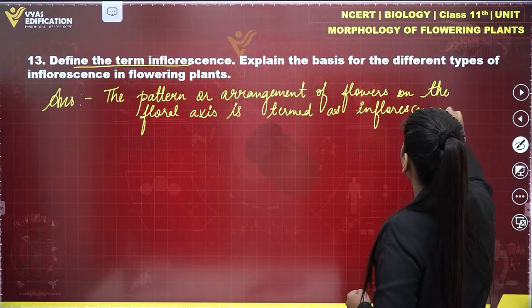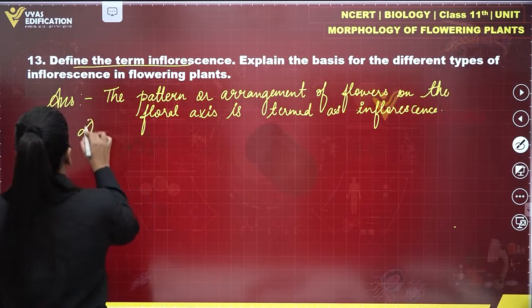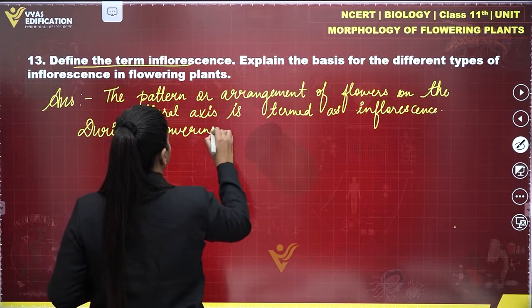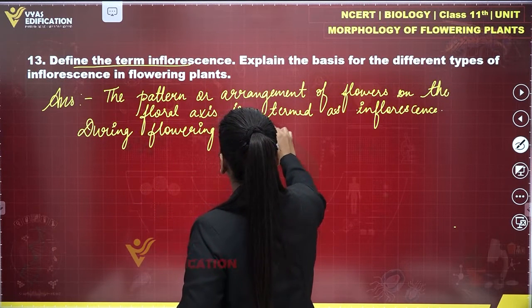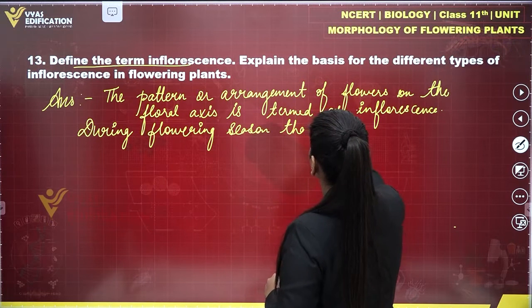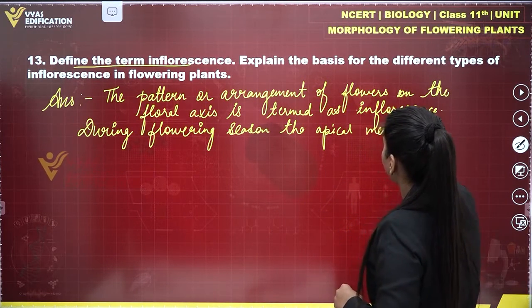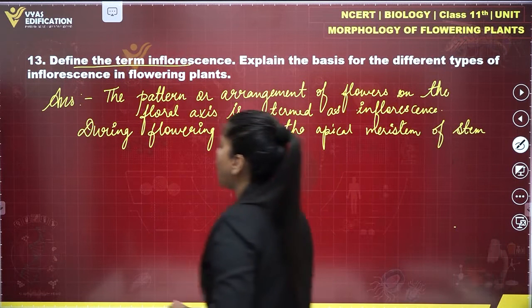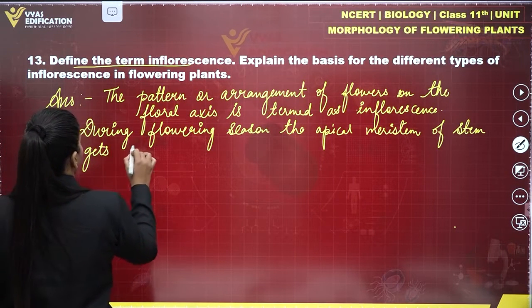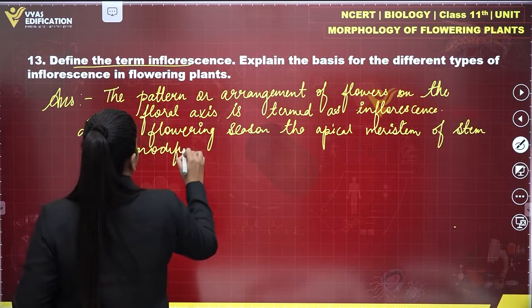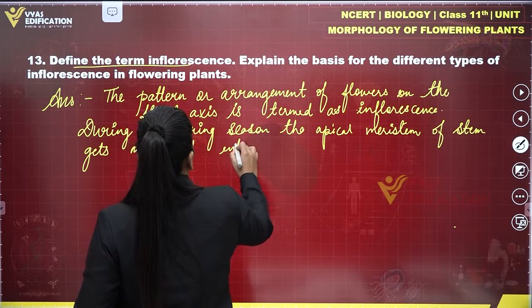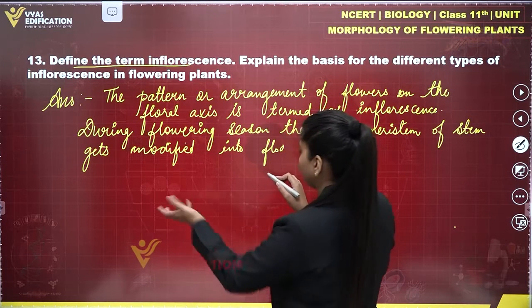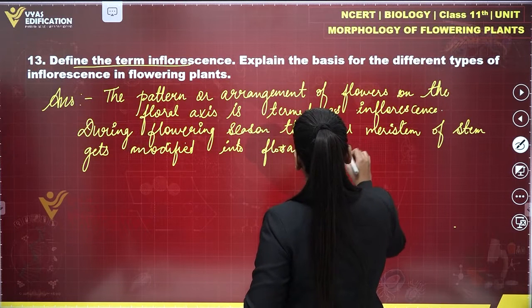Now, during flowering season, the apical meristem of the stem gets modified into floral meristem.